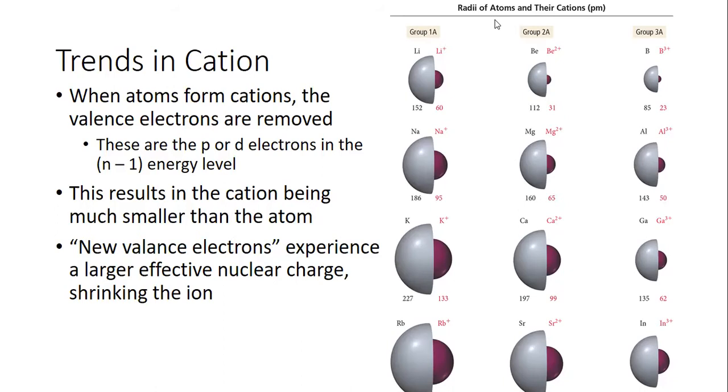Now, what happens when you take electrons away? One, you are just shrinking the size because you're removing them from the outer shell. But also, you're taking away negative charge, right? Remember, electrons are negative and protons are positive. So we're taking away negative charge.